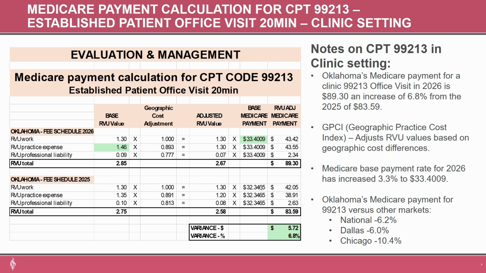We've seen an increase from $32.35 to $33.40. So the practice expense RVU base RVU value increase and the base Medicare payment increase are the two main factors driving our increase for this CPT code.